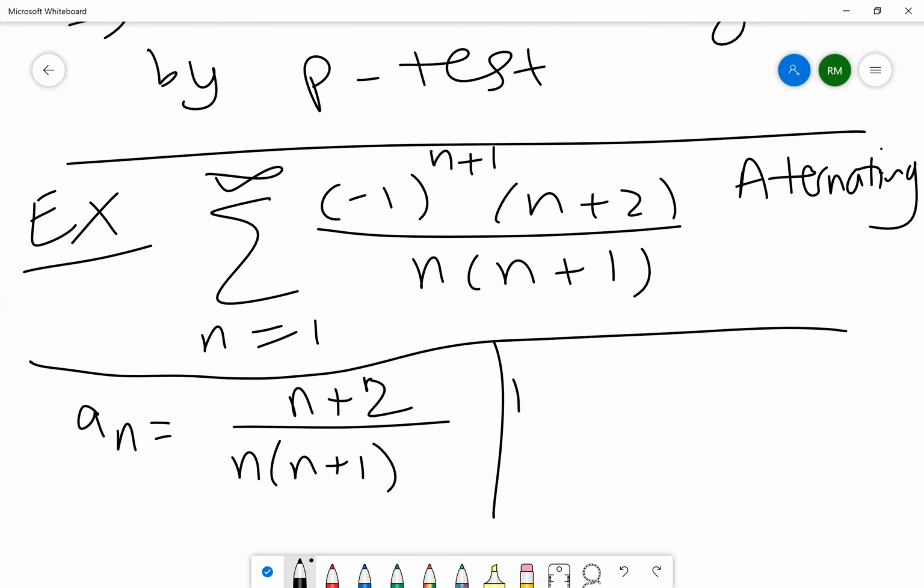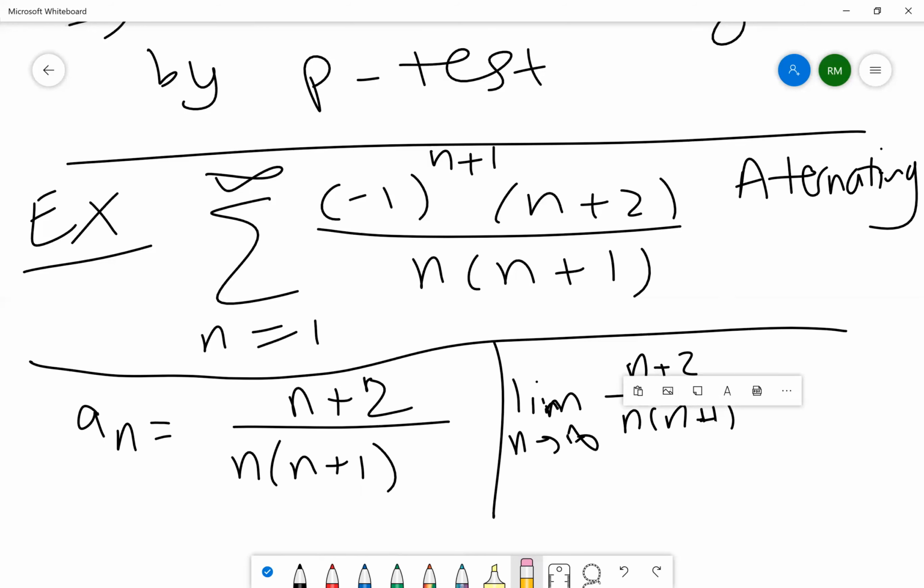is that the limit as n goes to infinity of the a sub n's, well, you have a polynomial of degree 1 in the numerator, and you have a polynomial of degree 2 in the denominator. So we know that this limit must be 0.